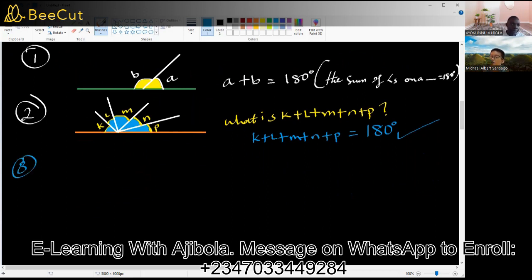Now let's try this one. If this is a line, and I have 2 angles on the line, please look at this. If the first part is 30 degrees, and the second part is labeled X, Miggy, can you find X?